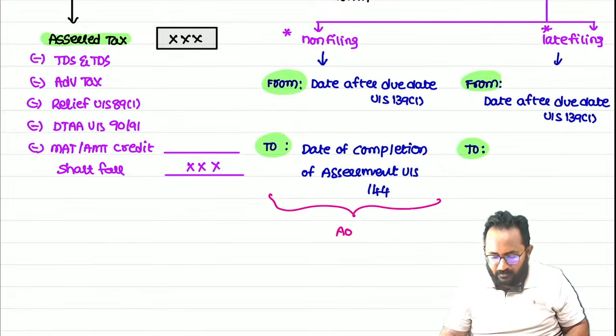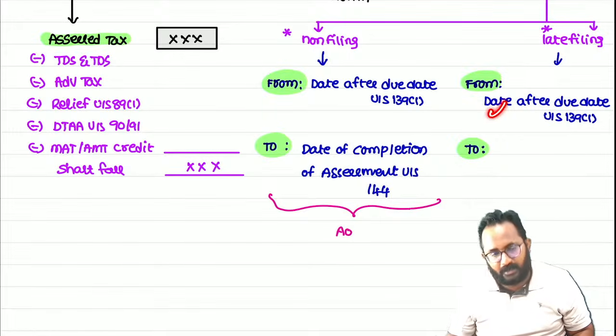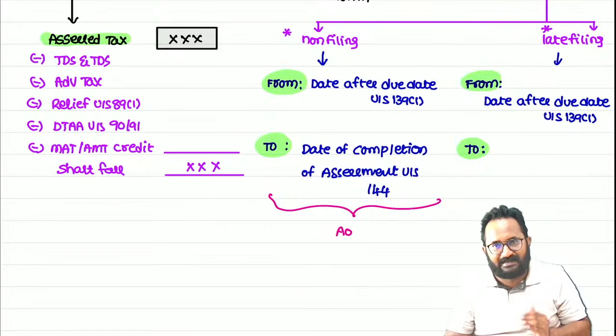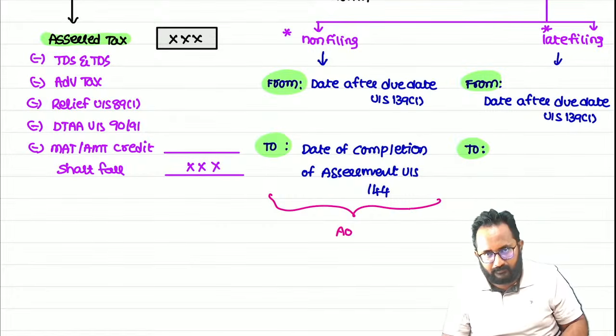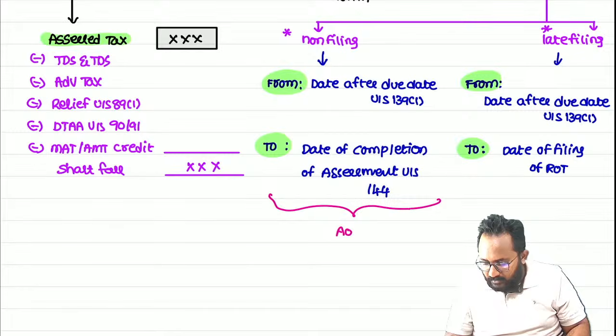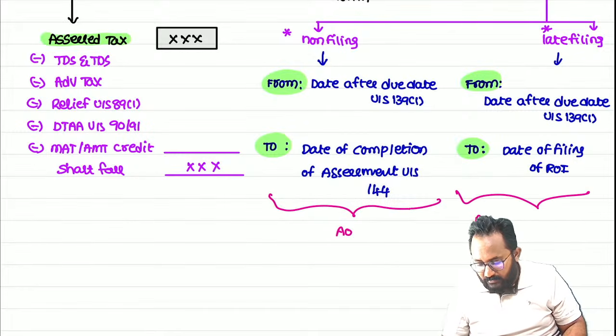In SSE computation, from the date after the due date till the date of filing of return, because in late manner also we filed, right? Date of filing of return. Now, who will compute the interest here? First SSE, then after AO.